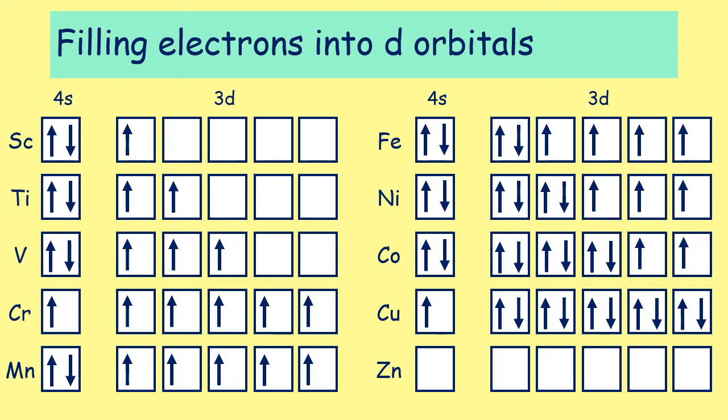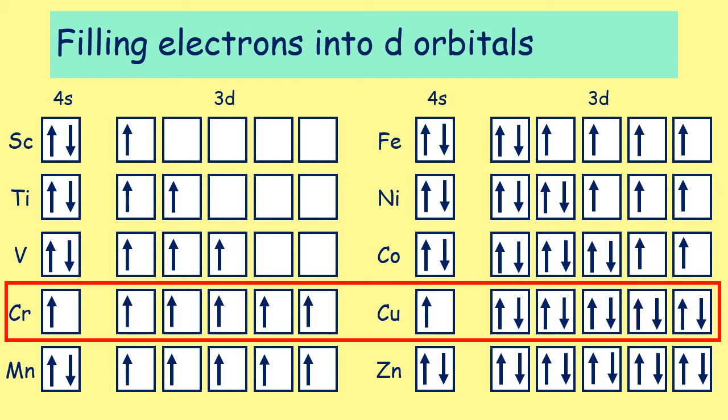A full set of 3d orbitals is more stable than not, essentially. And zinc, what we have is everything paired up. So the pattern follows the normal rules, however, you do need to know the exceptions when it comes to chromium and copper.